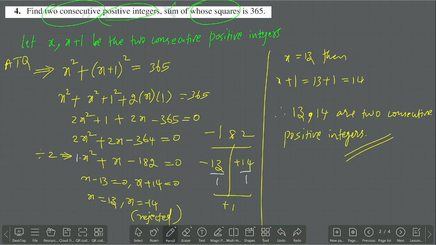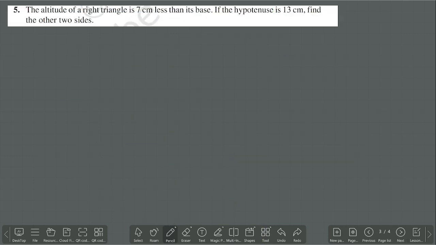So fifth one we are going. The altitude. What is the meaning of altitude? Height of a triangle. So altitude in the sense is the height of a triangle. There is a right angle triangle here.